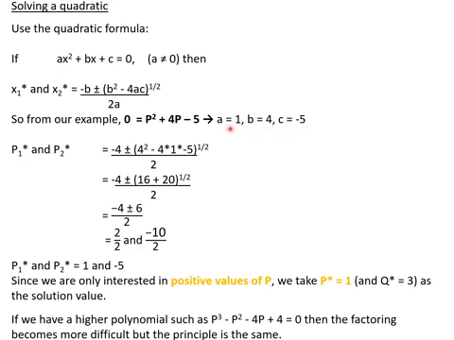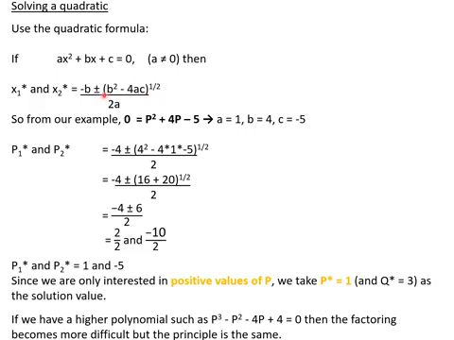We need to remember to take the appropriate sign with the value. Then we just need to substitute into our quadratic formula. The formula is minus b plus or minus the square root of b squared minus 4ac, that is, all in brackets raised to the power of a half.